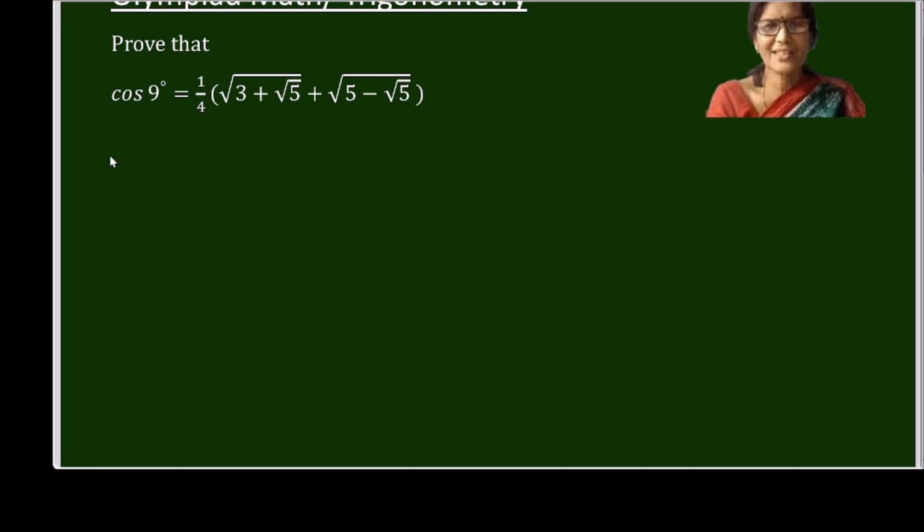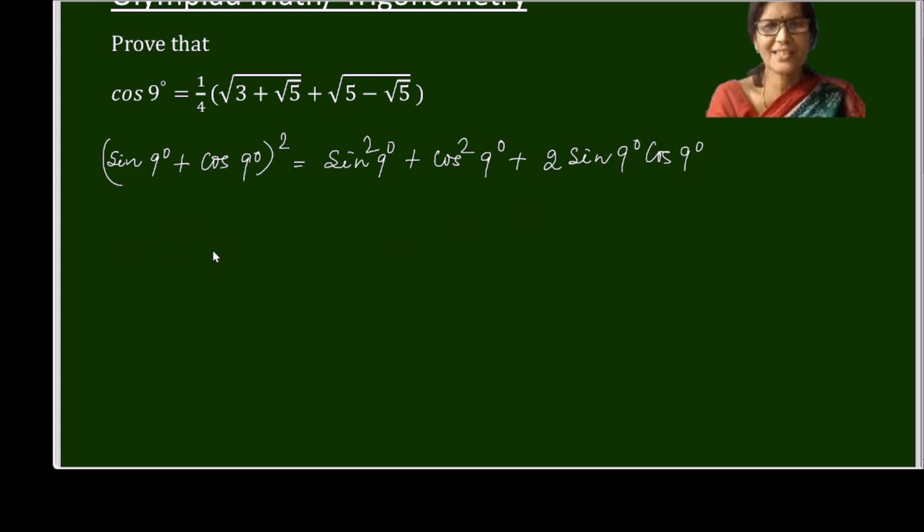I will write (sine 9 degree plus cos 9 degree) whole square equals sine square 9 degree plus cos square 9 degree plus twice sine 9 degree cos 9 degree, or (sine 9 degree plus cos 9 degree) whole square equals, this 2 makes you 1, sin square theta plus cos square theta, and again this will give us sine 18 degree. 2 sin theta cos theta is sine twice theta, so plus sine 18 degree.